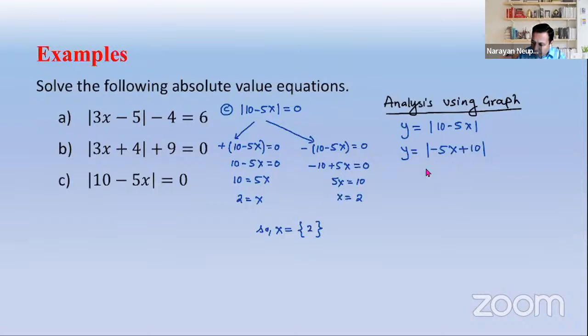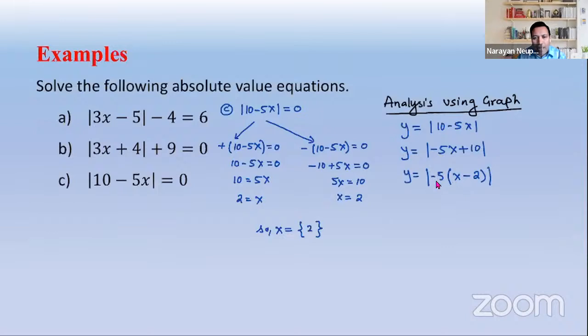Then y equal to, now here, if you factor the negative out, because there is a -5 in front, you factor that -5 out inside the absolute value. So it will be x minus 2. The reason is, if I multiply -5 times x, -5x, -5 times -2 is a positive 10. That's why you can factor it like this.